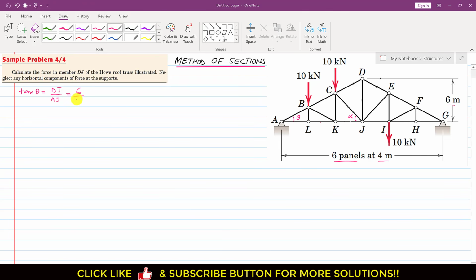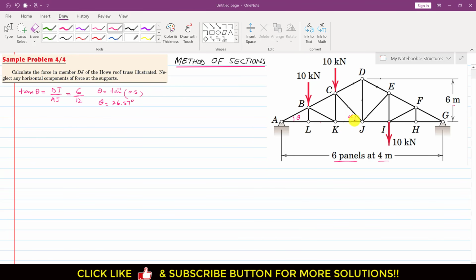So tan theta is 6 divided by 12. If we find theta by taking tan inverse of 6 divided by 12, which is 1 divided by 2, or 0.5, theta is 26.57 degrees. This is the theta which we will require in our calculation.